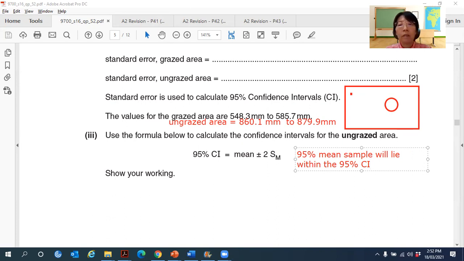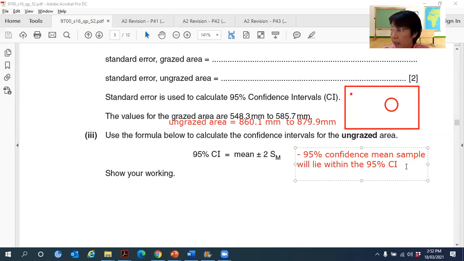So that's the first meaning. So with 95% chance, the mean value of the sample that you obtain from the same population will lie within this confidence interval. That means you have 95% confidence that this mean value will be correct, will be within this range. So this is the first marking point.